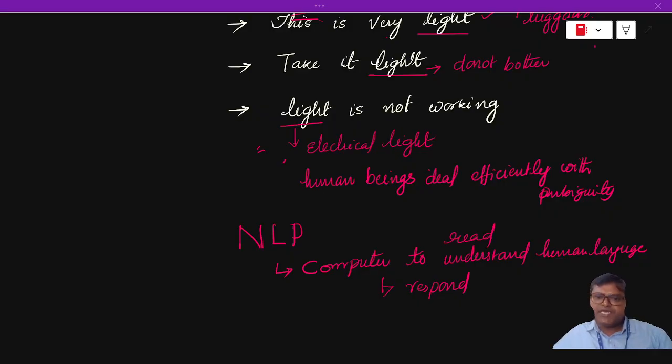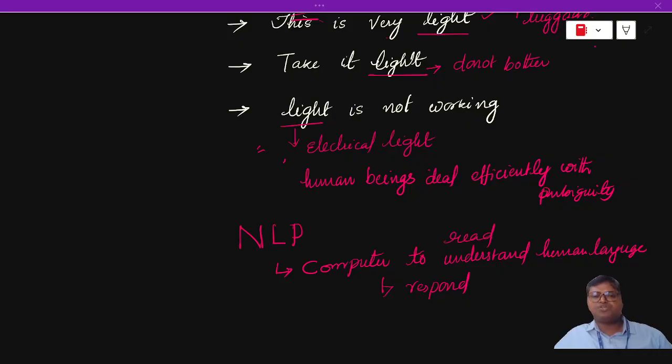The problem with natural language is ambiguity. There is some emotion, sometimes there will be sarcasm. Sometimes we say things very sarcastically. If somebody asks, shall I come? Then we say, oh, please come. That is sarcasm. It is not that we are telling them to come, we are sarcastically saying.